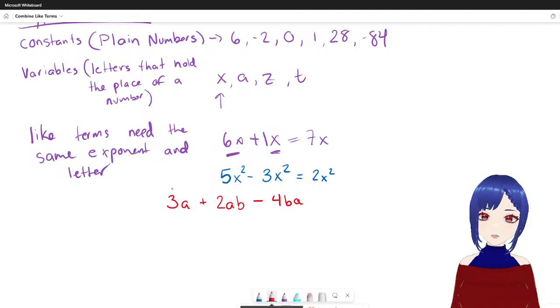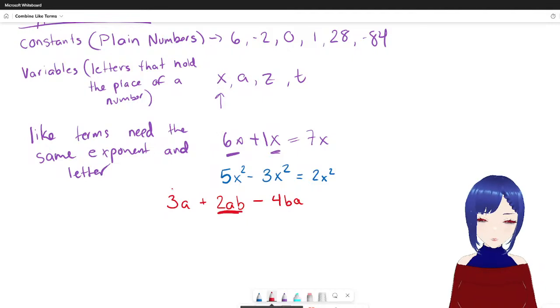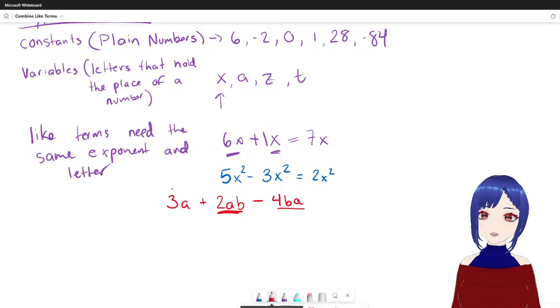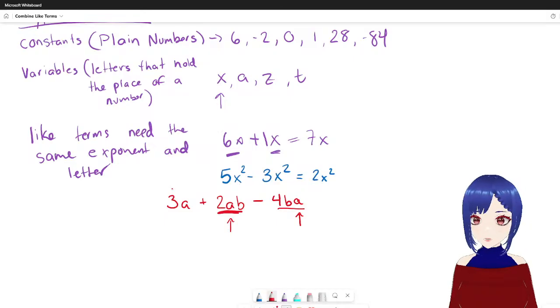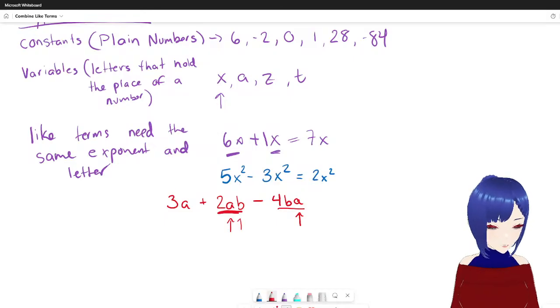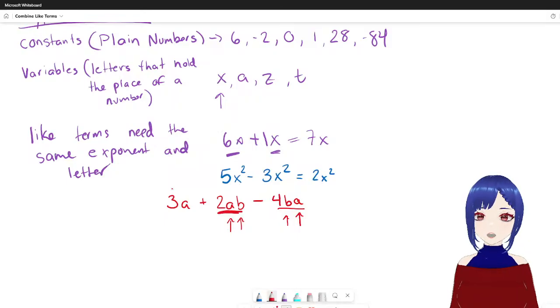Some people don't recognize 2AB has an A and a B. 4BA has a B and an A. But even though they're in a different order, they both have an A and they both have a B. Since they both have the same two letters, even if they're out of order, they are like terms.